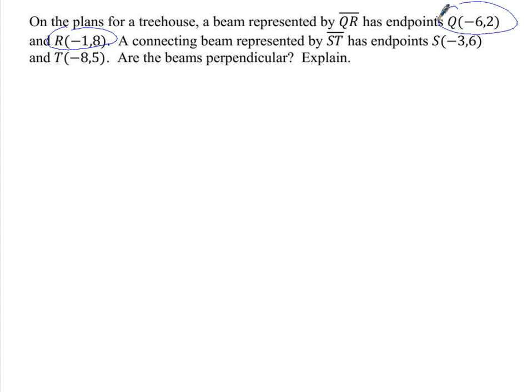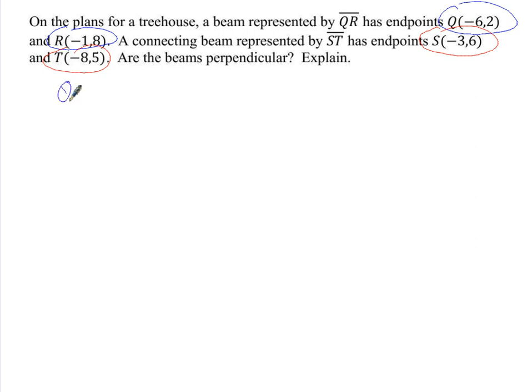Can I calculate the slope? Yeah. And for ST, they've given me the endpoints of that segment. Can I calculate that slope? Now, if these are going to be perpendicular beams, then their slopes will have to be opposite reciprocals. So that's all we have to do in this problem. There's no need to have a sketch. There's no need to have a grid to graph it. All you need to do is find the slope.